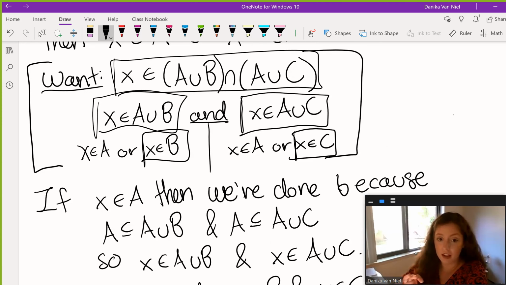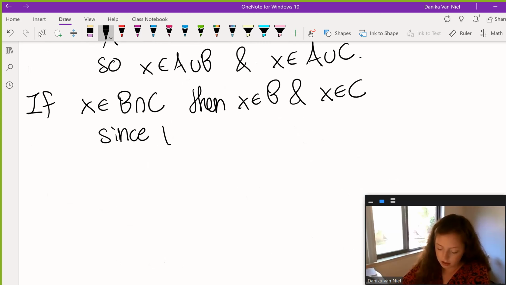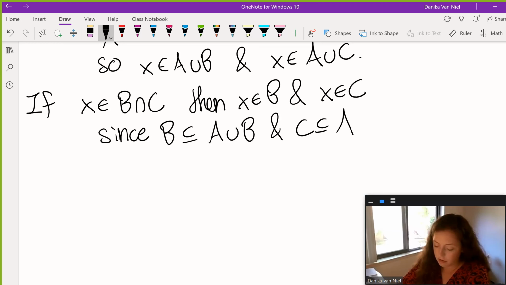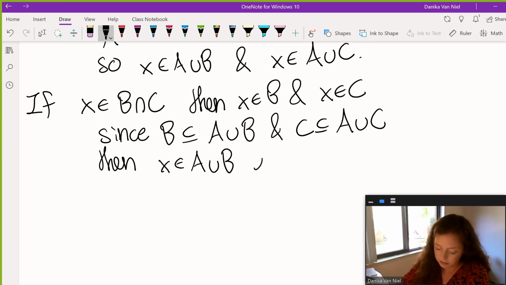Since B is a subset of A union B, and C is a subset of A union C, then X is an element of A union B, and X is an element of A union C.